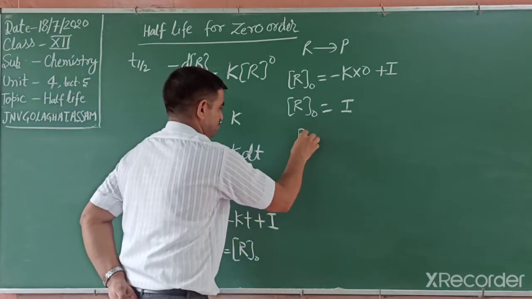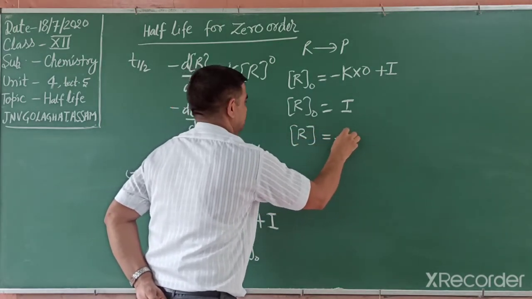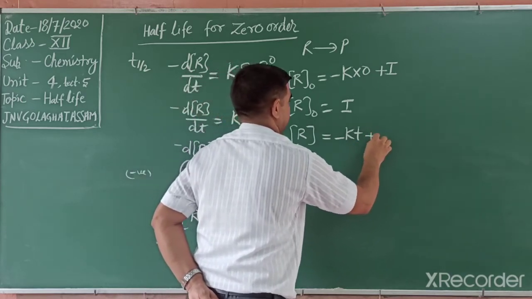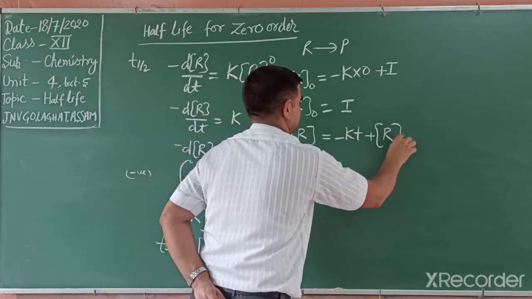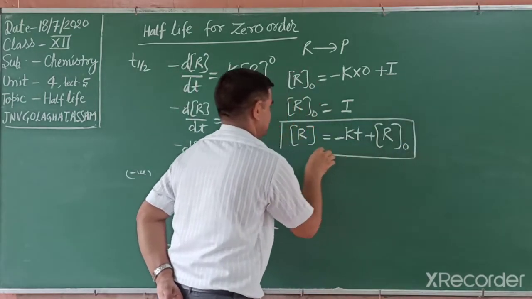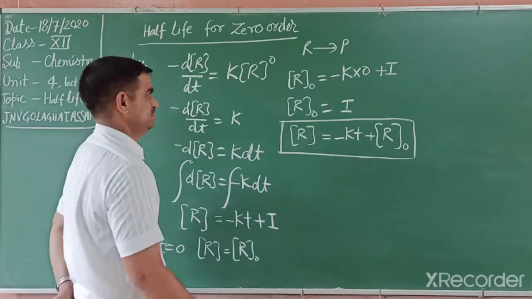So R is equal to minus kt plus R naught is zero order reaction integrated rate equation. Yesterday we studied in detail.